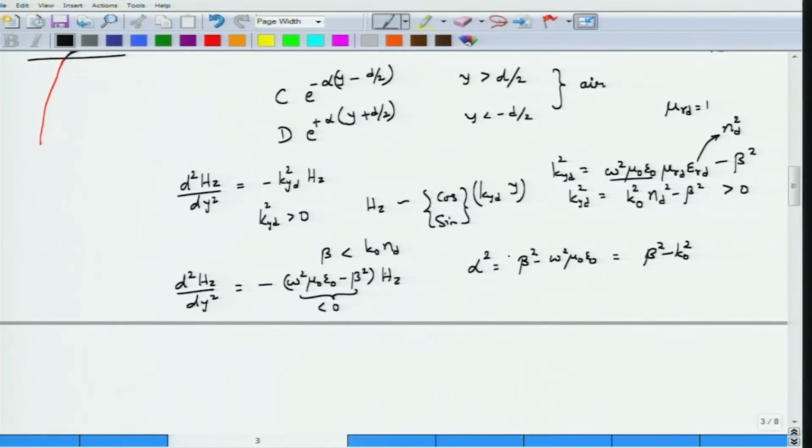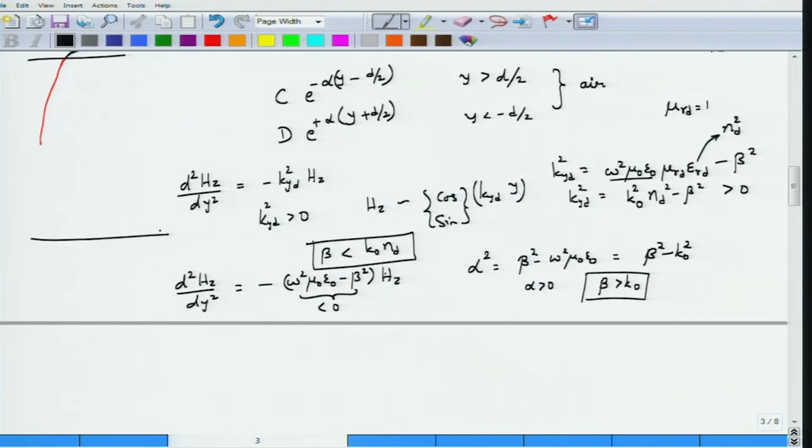So if I define alpha square as beta square minus k0 square and then demand that alpha should be a positive quantity, the way it can happen is when beta is greater than k0. So I have two conditions for propagation: beta must be greater than k0 but beta must be less than k0 n d.